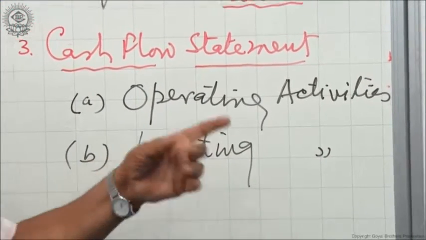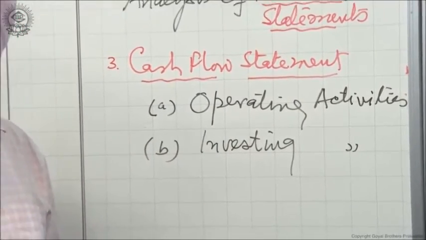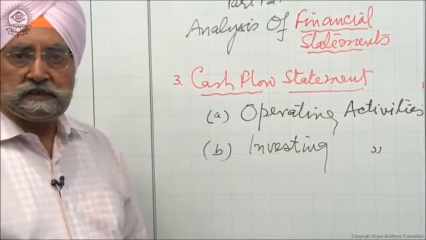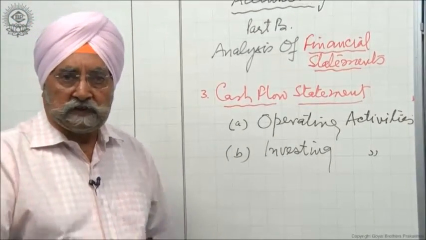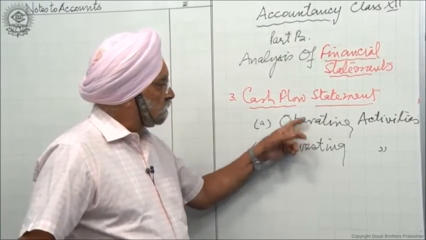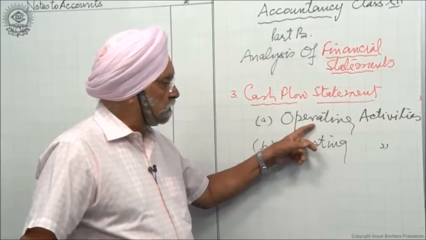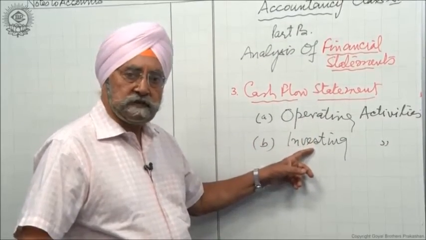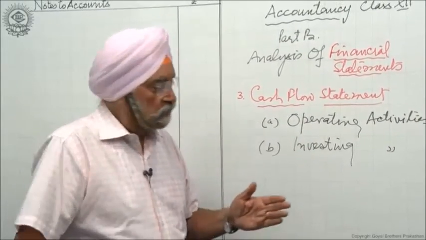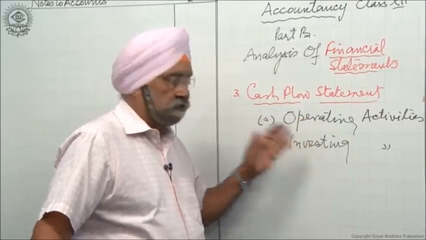First it was outflow of investing nature, and now when you sell these assets, that is the inflow of investing nature. So we have inflows of cash on account of operating, inflow of cash on account of investing, and outflow of cash on account of operating and investing.